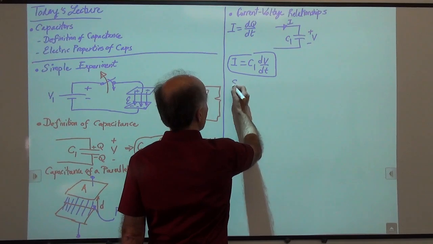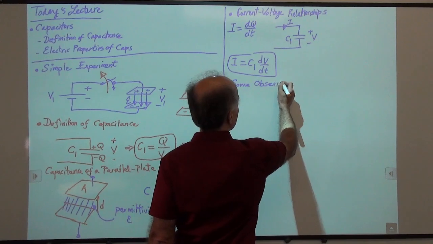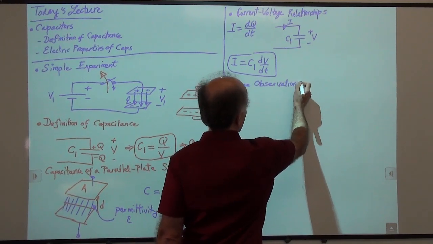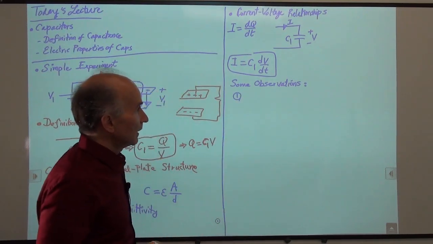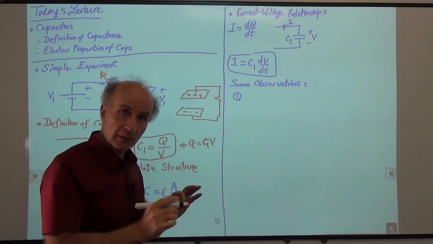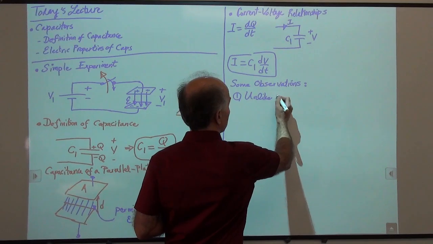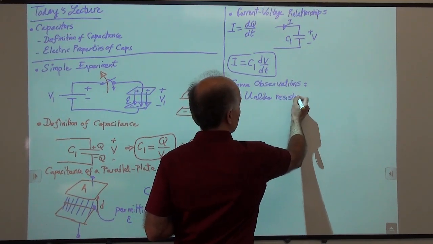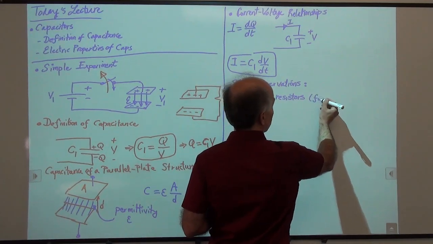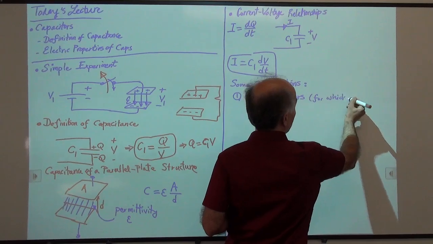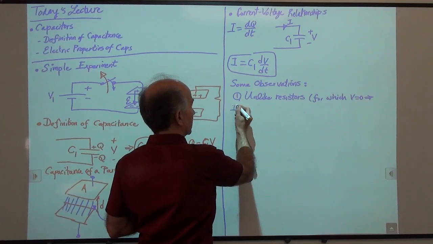All right, so with this, now we can make some observations. So number one, unlike resistors, for which V equals 0 results in I equals 0.